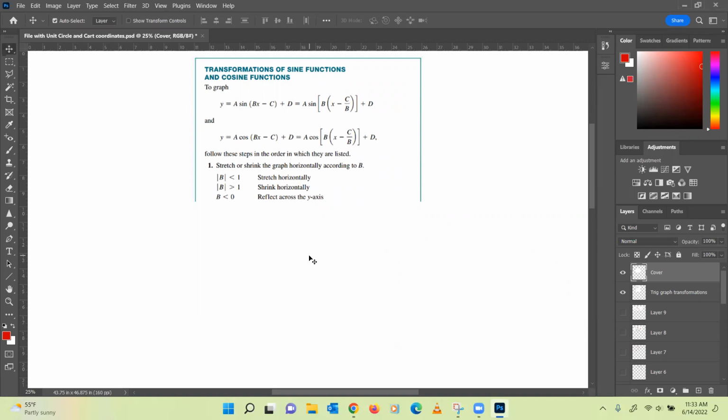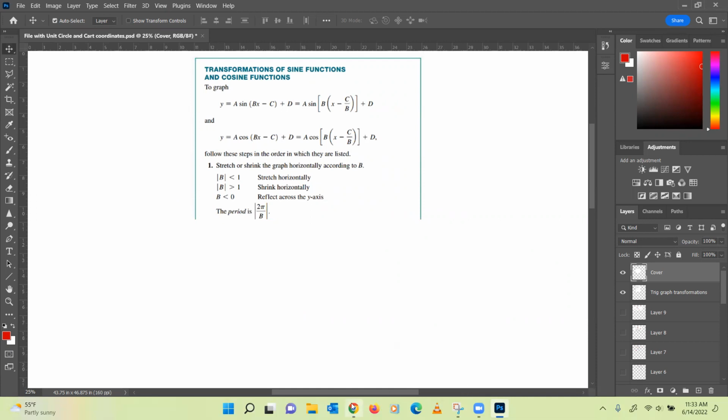We're only going to deal right now with the stretch shrink portion. If it's less than 1, we stretched it. If it's greater than 1, we shrunk it. We saw that on Desmos just now. If it's less than 0, it reflects. So that's going to affect the period. Now notice they say the period is 2 pi divided by b.